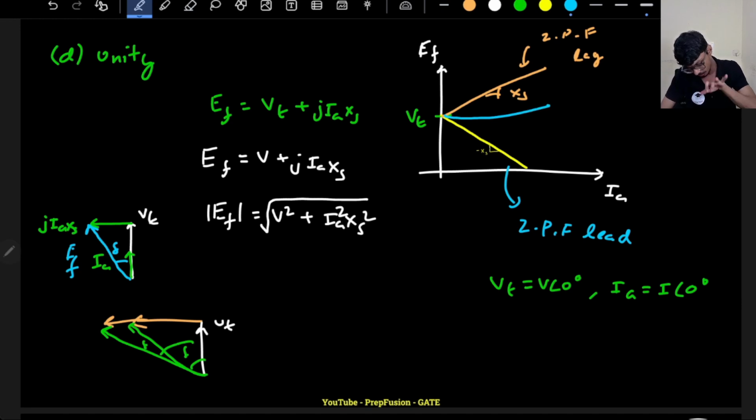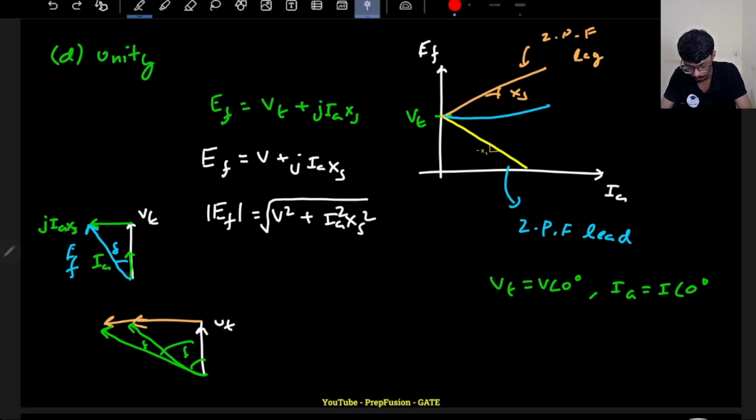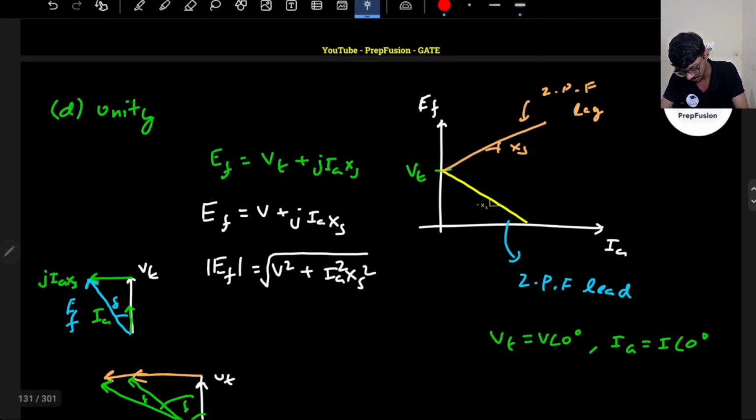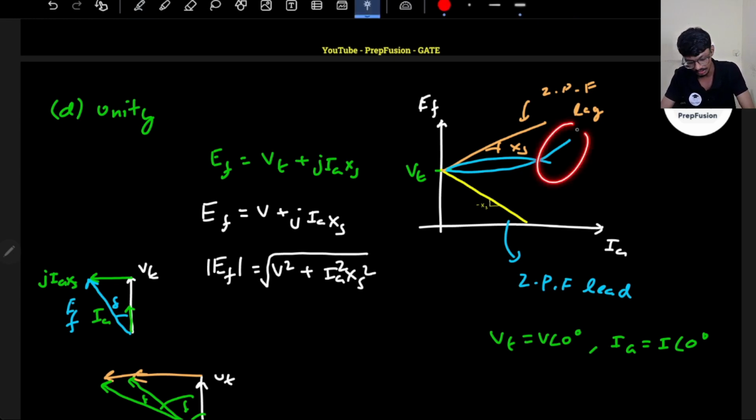How can I say if the slope is increasing or decreasing? There can be two ways, right? Either it can be like this, or it can be like this. Now which one to choose? Because both are non-linear.